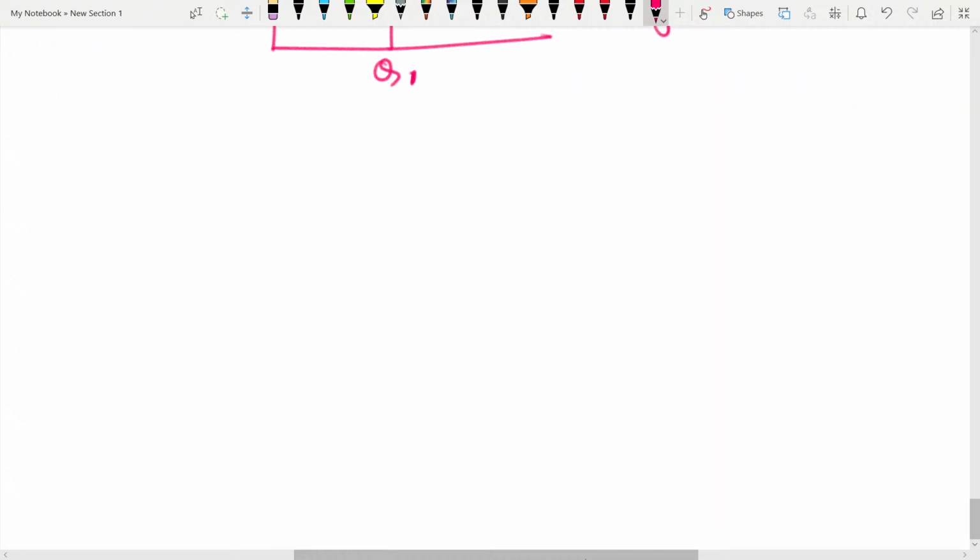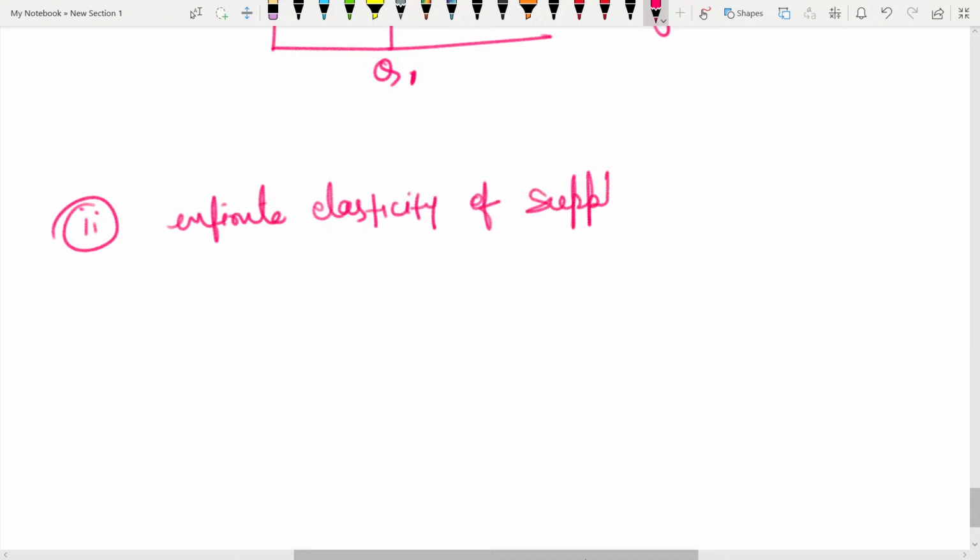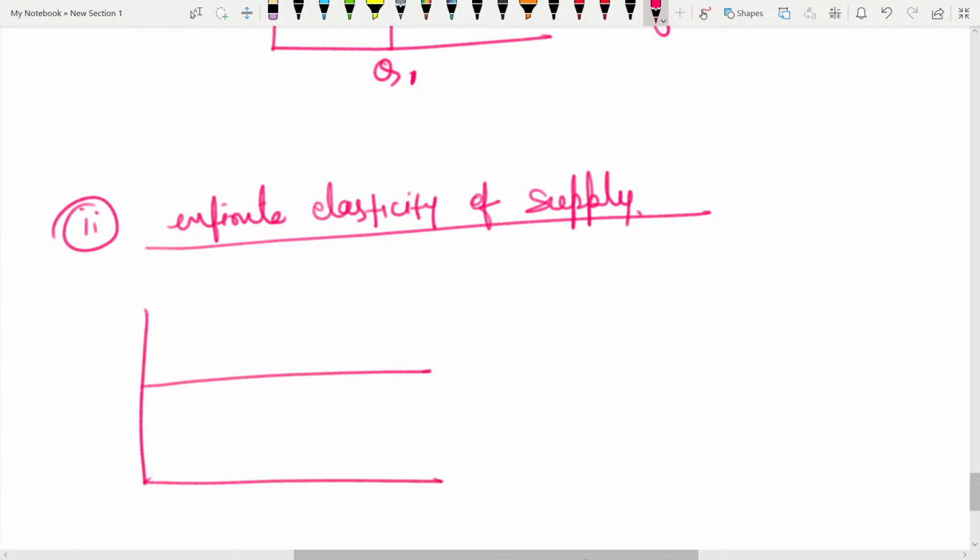Another point, infinite elasticity of supply. What does it mean? The supply curve is horizontal to the x-axis.